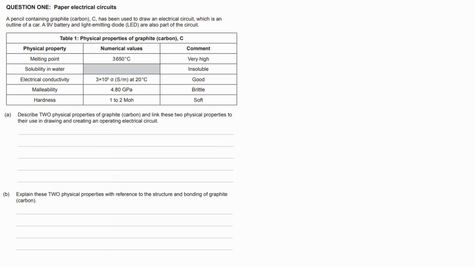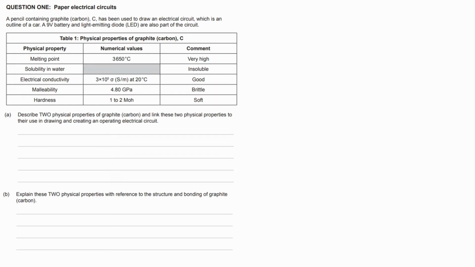But electrical conductivity, of course, whether it's a good conductor of electricity or not is going to be useful to determine whether it will make a good circuit. Here it says that we have 3 times 10 to the 5, which is 300,000 Siemens per meter, and that's the unit for electrical conductivity, and that is a good value for conductivity.